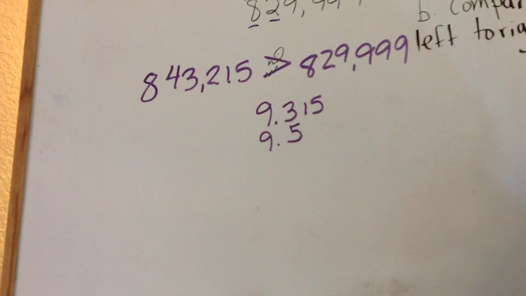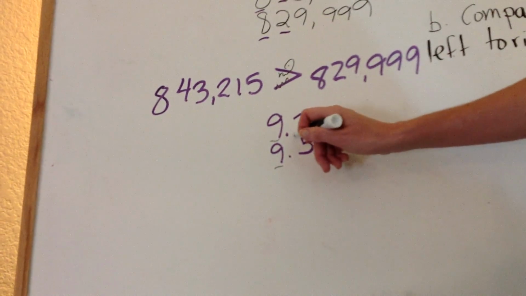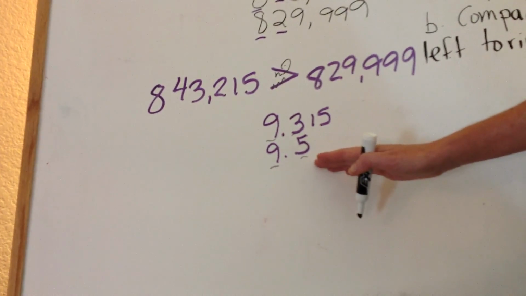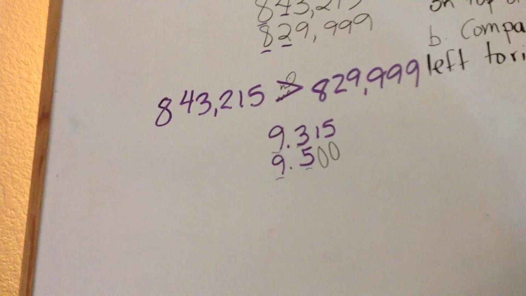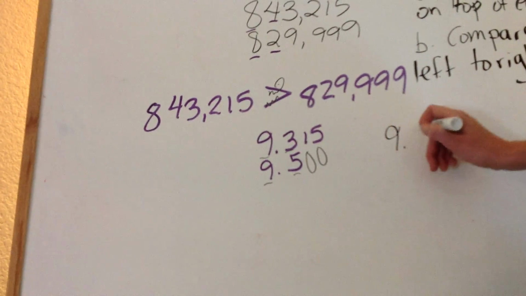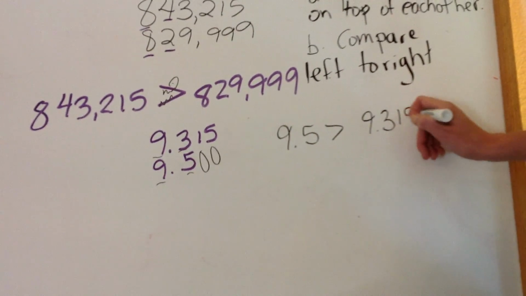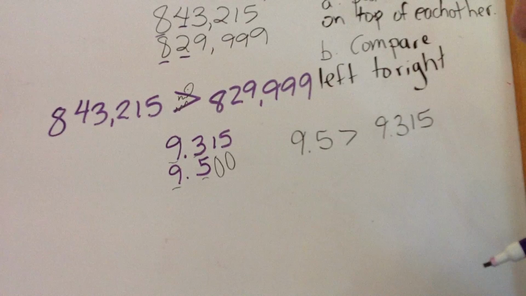So starting here on the left, we have a 9 and a 9, that's the same. But now we have a 3 and a 5. What number's bigger? The 5's bigger. So even though this one looks like it's smaller, it is actually the bigger number. So 9 and 5 tenths is bigger than 9 and 315 thousandths. That's how we compare them.